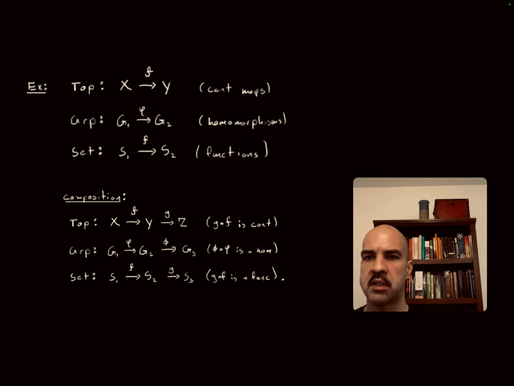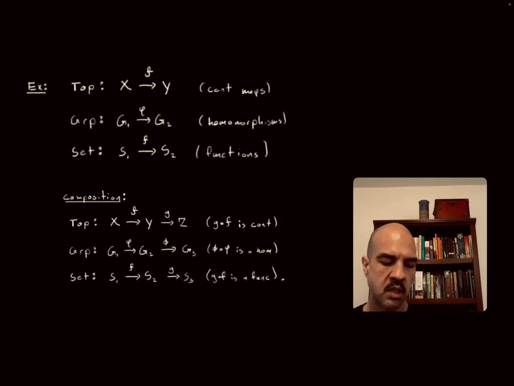F maps X continuously to Y, and G maps Y continuously to Z. Then the composition of these maps is another continuous function that takes X to Z. Similarly for groups, the composition of two group homomorphisms is another group homomorphism. Similarly for functions of sets, the composition of two set functions is another set function.